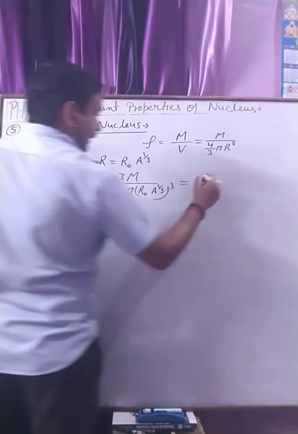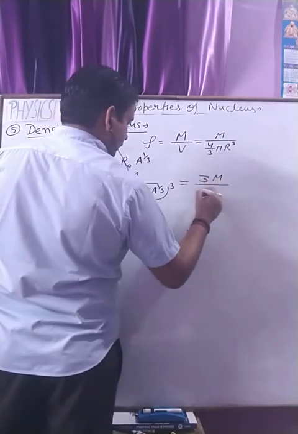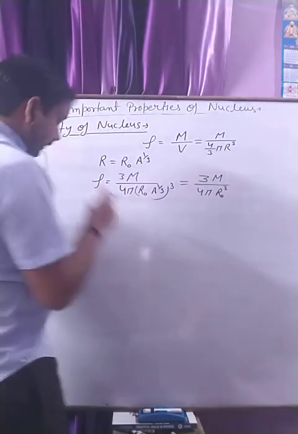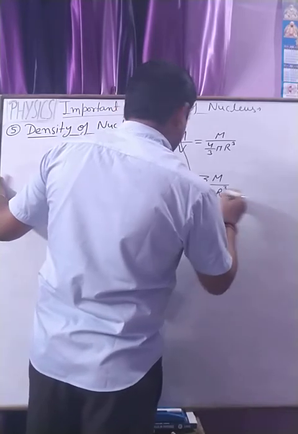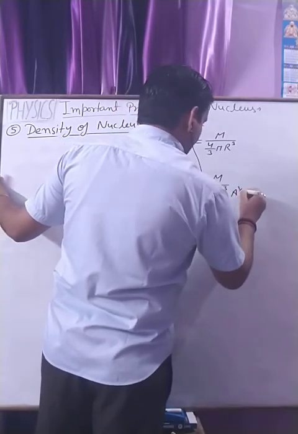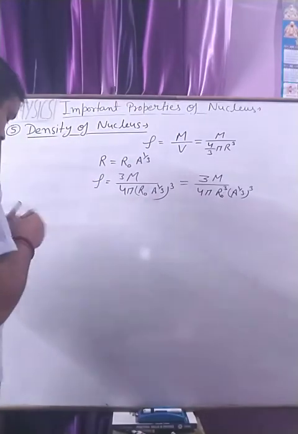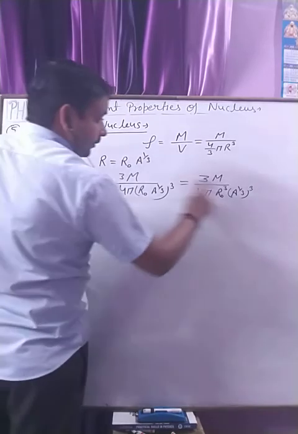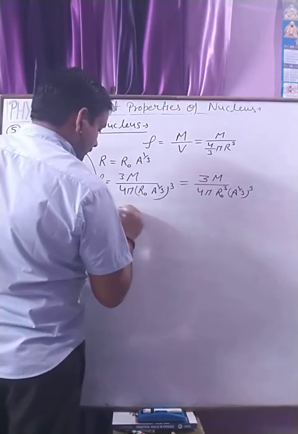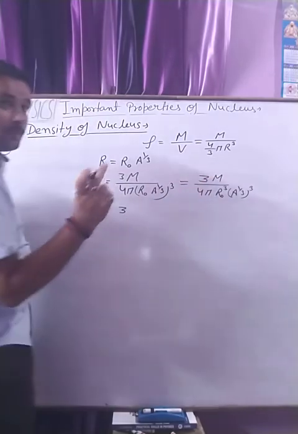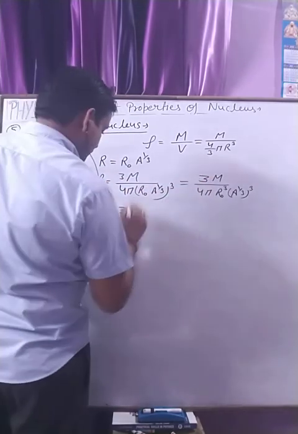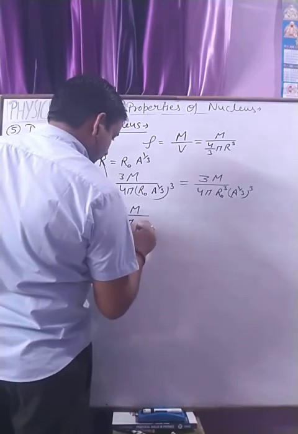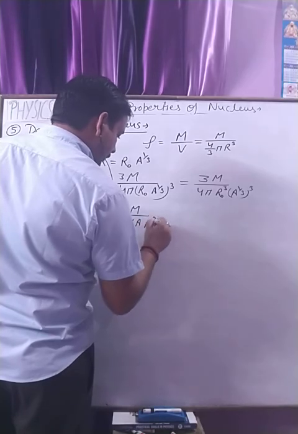On solving this we get 3m upon 4 pi r naught cube into (A to the power 1 by 3) cube. Clear? Then we calculate that 3, this mass of, this will come 4 pi A r naught cube. Clear?